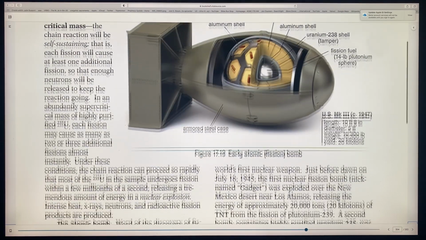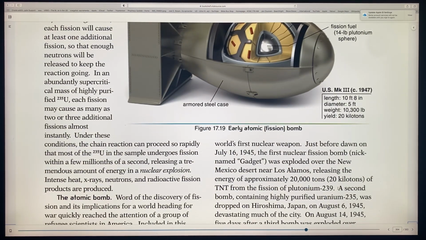Under these conditions, the chain reaction can proceed so rapidly that most of the uranium in the sample undergoes fission within only a few millionths of a second and releases a tremendous amount of energy, and this causes a nuclear explosion. So with uranium-235, you can have this happen and explode so quickly.